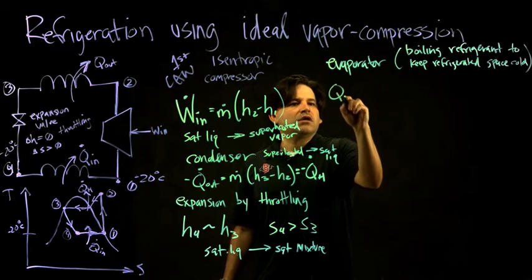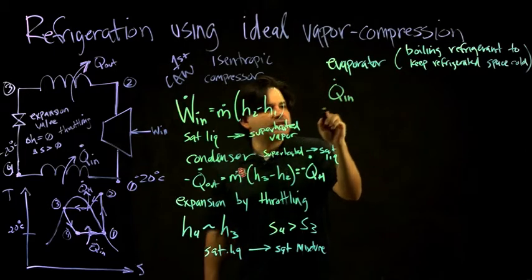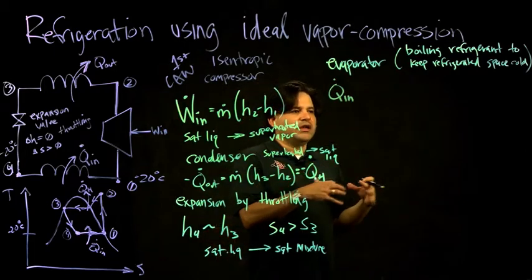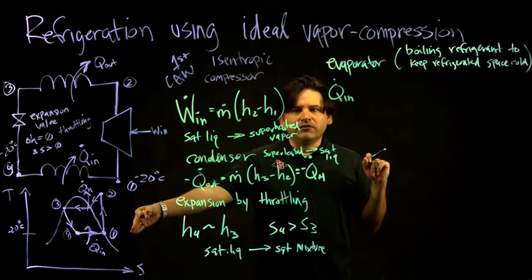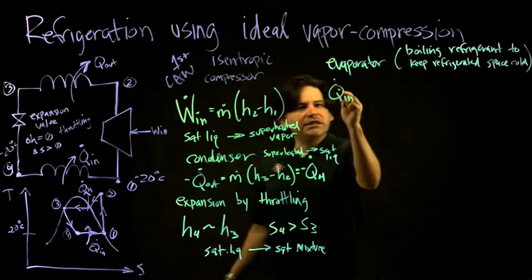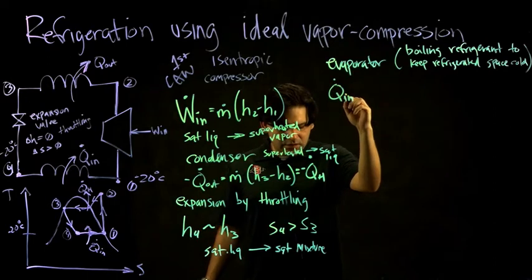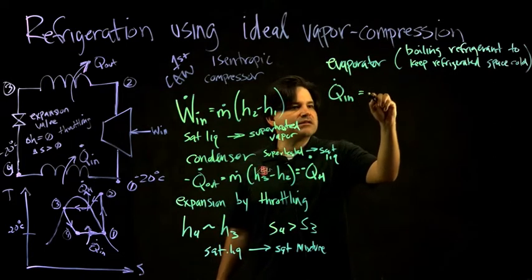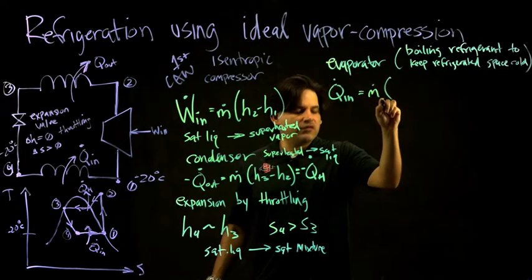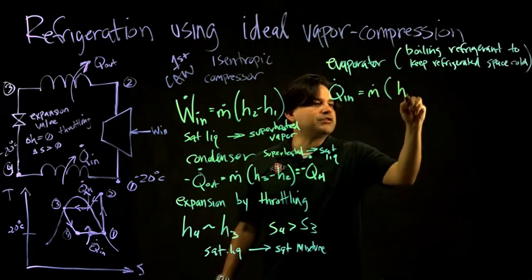So the first law would be the Q in. It's not the refrigerated space we're directly analyzing. It's what happens to the working fluid of this cycle, the refrigerant. So energy comes into the refrigerant, and we don't know the temperature according to the first law. We would have to do more analysis from this form of the first law to get the temperature.